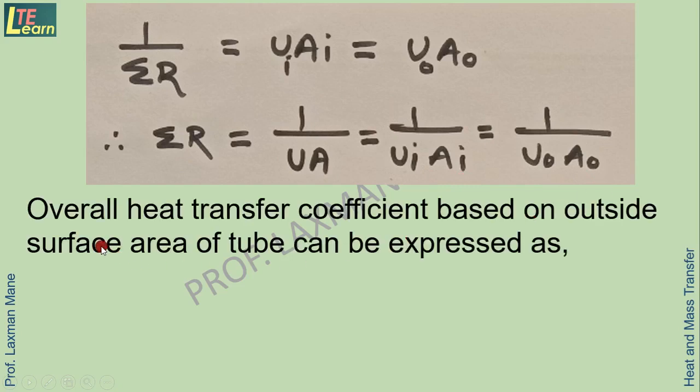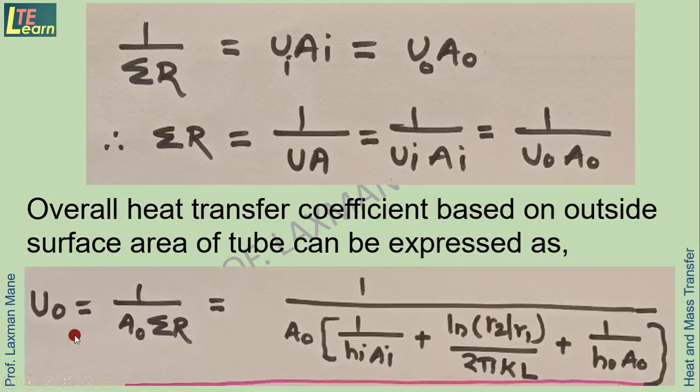Now we will have a separate equation for the overall heat transfer coefficient based on the outer surface area of the tube, Uo. To obtain it, we take Uo on the left side and summation R on the right side.